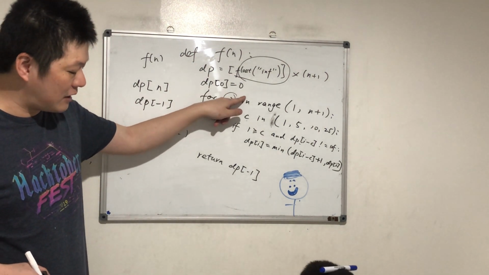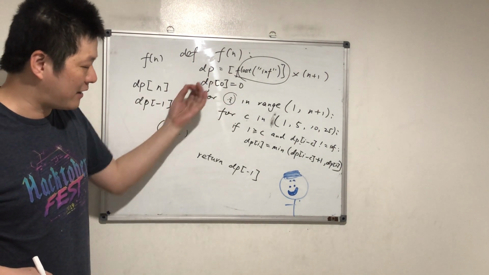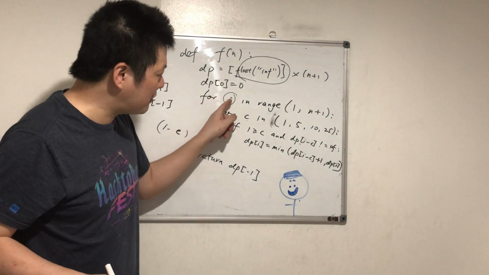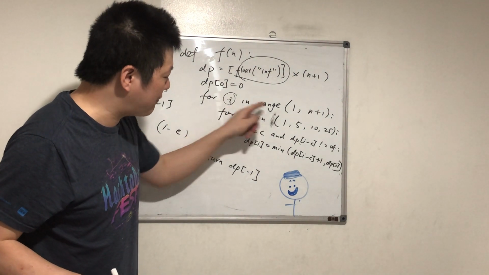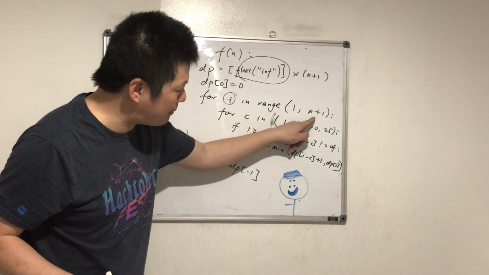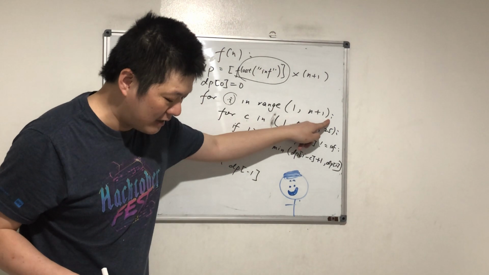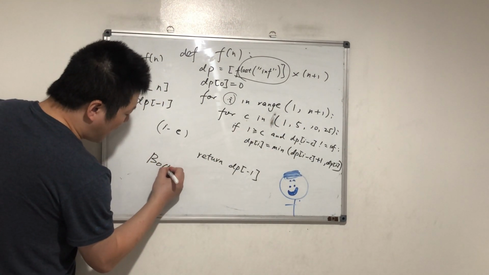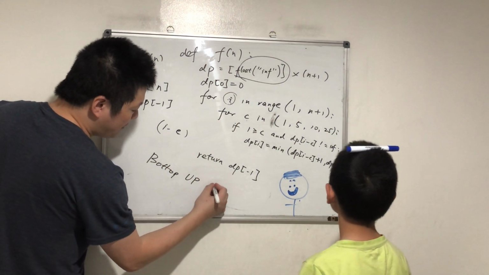Why is that? Because at the beginning it's nothing. Then the first iteration, I want to compute dp[i] from dp[1] to dp[2] up to dp[n]. This is bottom up, n plus 1, bottom up dynamic programming, right?